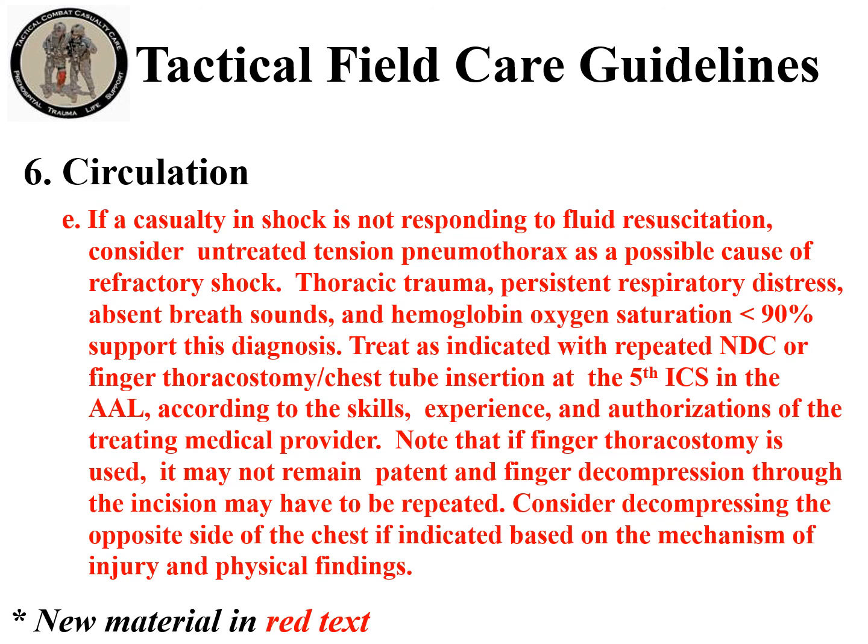Treat as indicated with repeated needle decompression or finger thoracostomy, or chest tube insertion at the fifth intercostal space in the anterior axillary line, according to the skills, experience, and authorizations of the treating medical provider.